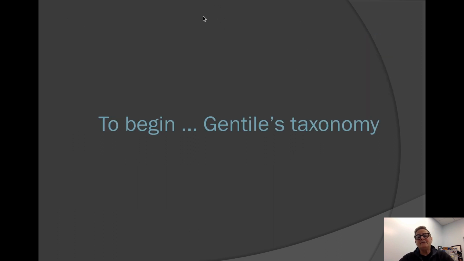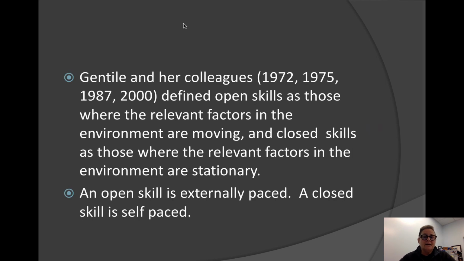So how did Gentile actually contribute to this taxonomy? Again, in 1972, 1975, 1987, and in 2000, Gentile and her colleagues defined open skills as those where the relevant factors in the environment are moving, and closed skills as those where the relevant factors in the environment are stationary.